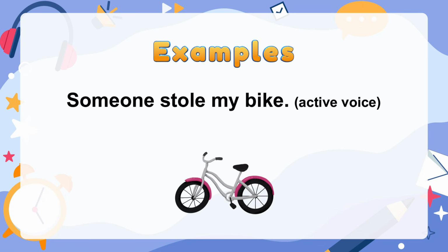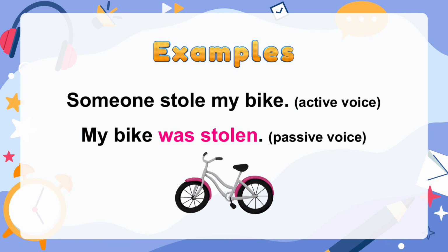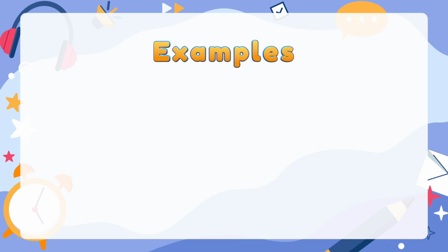Active voice. Someone stole my bike. Passive voice. My bike was stolen. Here, the subject someone is dropped because it is not specific. Active voice.